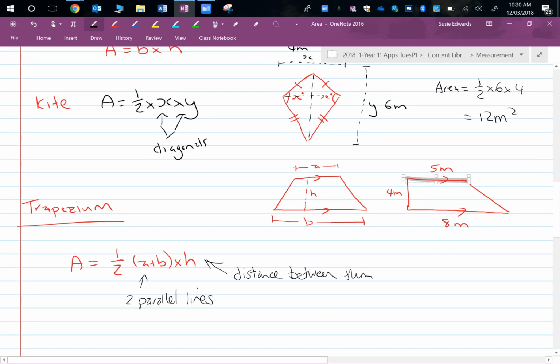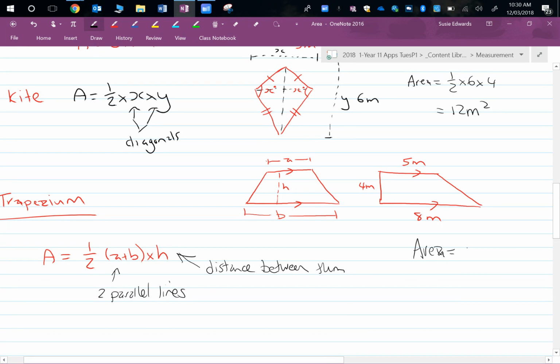So for this, area equals half of 5 plus 8 times 4. Now, rather than going half of 13 is 6.5 and then having to times that by 4, which is a little bit hard for some people, it's probably easier to go half of 4 is 2. 2 times 13 is 26, or any other mixture of that.